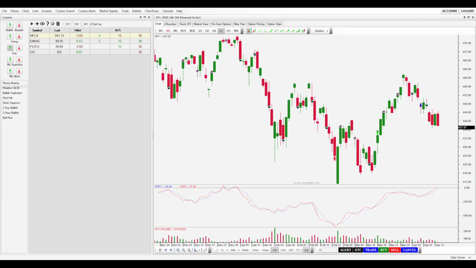However, let's take another look at SPY and look here at the support that has formed on SPY. Plus, we're going into earnings season next week. Almost without fail, the market sees a lift going into earnings season.